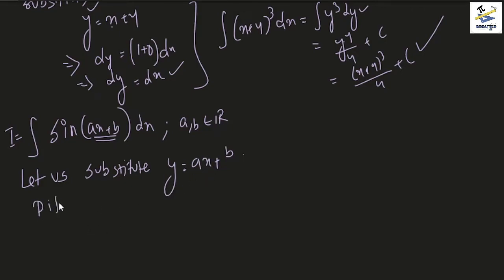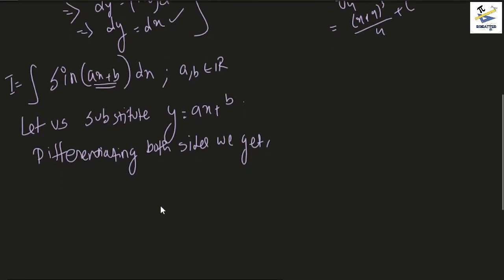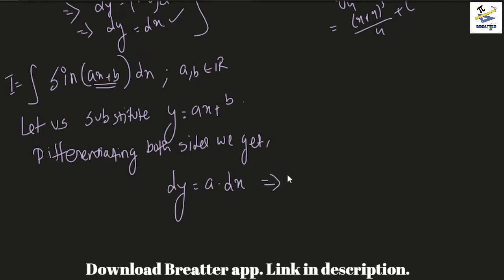So differentiating both sides, we get dy equals a into dx, because the constant b would disappear and the differentiation of ax is just a, and we have an extra dx always, as I told you. So dy would be a dx, or in other words dx should be equal to dy by a.